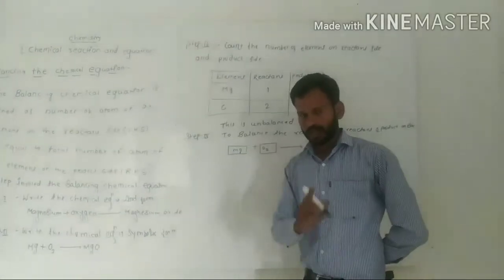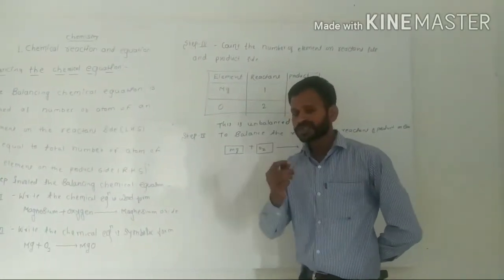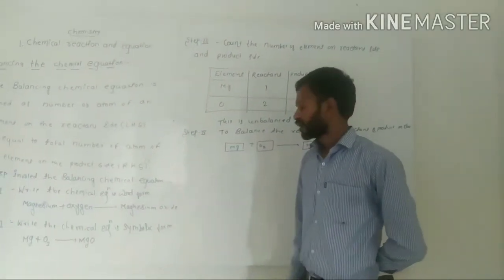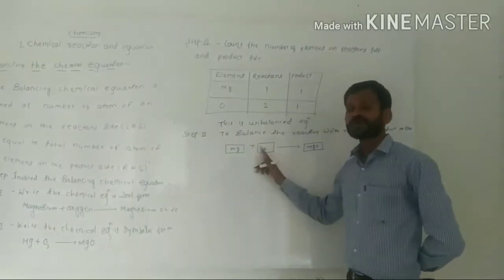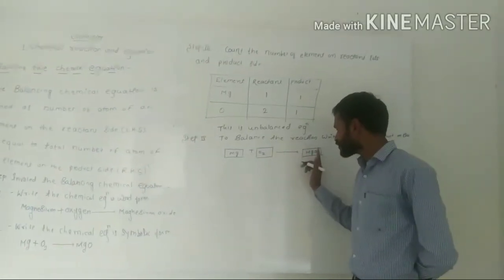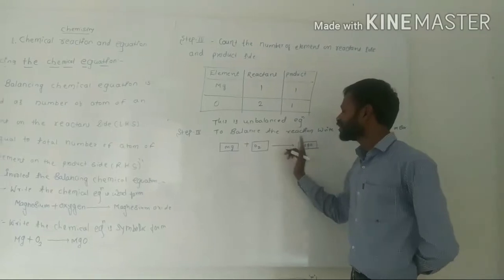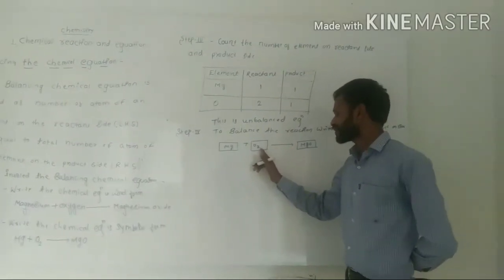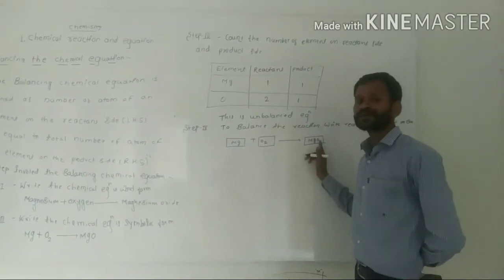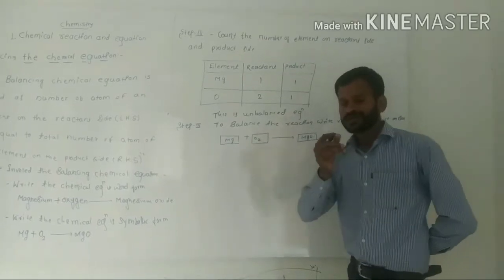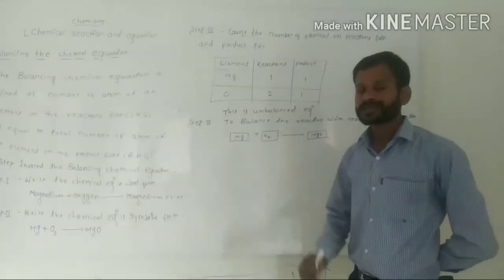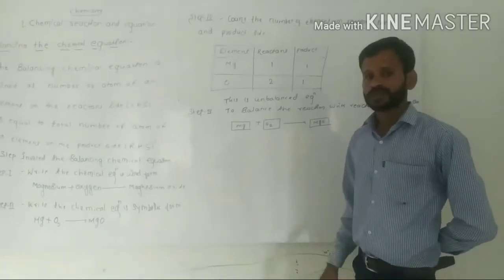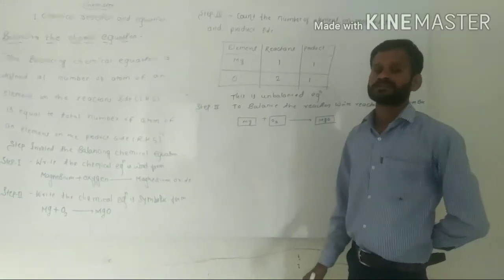So we will use some mathematical term. Now here two oxygen atoms are there and here only one oxygen atom is there. To balance the chemical reaction, here again two oxygen atoms are needed. So we simply apply the mathematics step, that is multiplication.